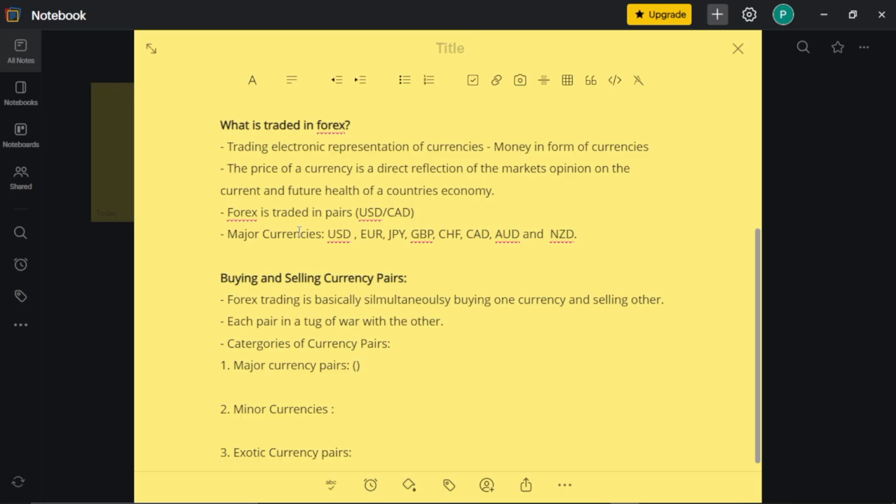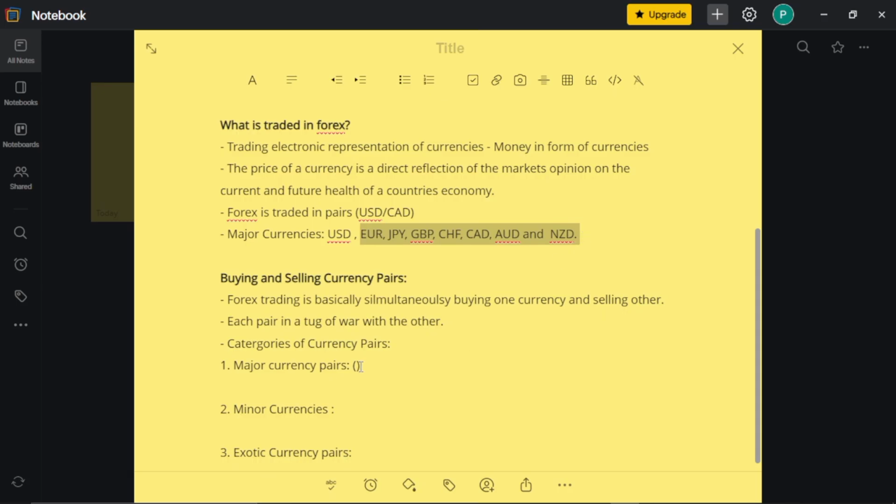Over 40% of international trade is done in the US dollar. 40% of global international trade. More than that, actually. For the US, the major currency pairs is basically the US dollar crossing any of the other 7. The US dollar crossing any of these other 7.